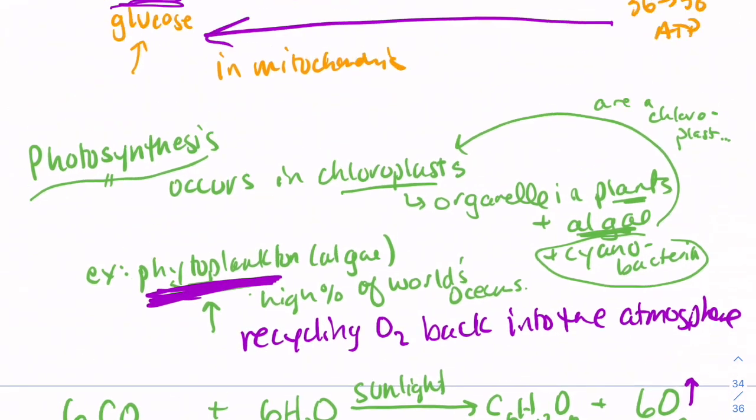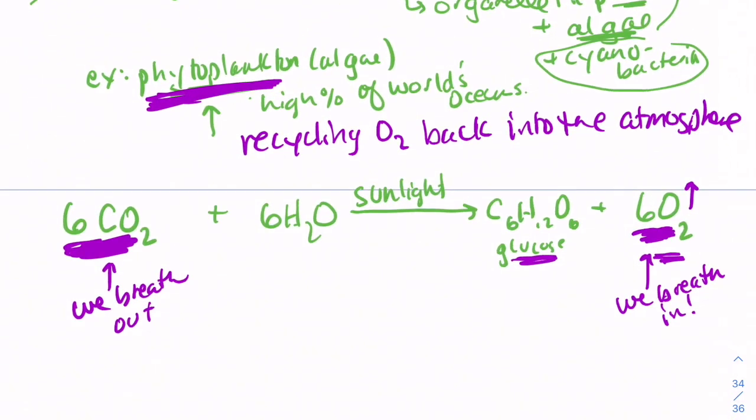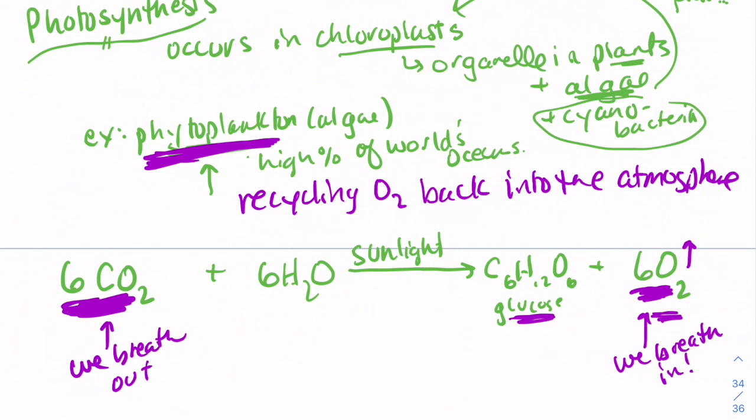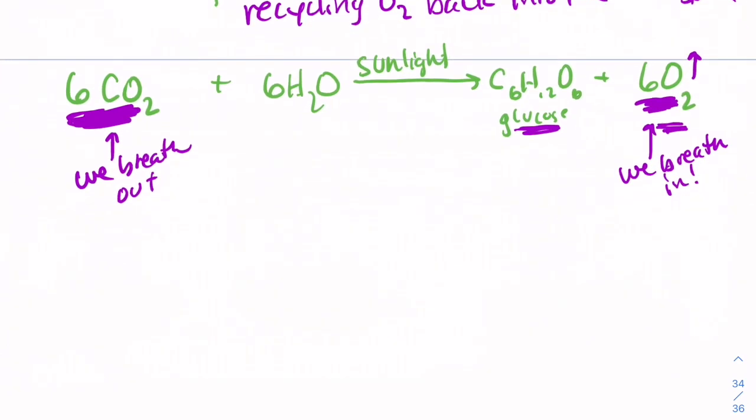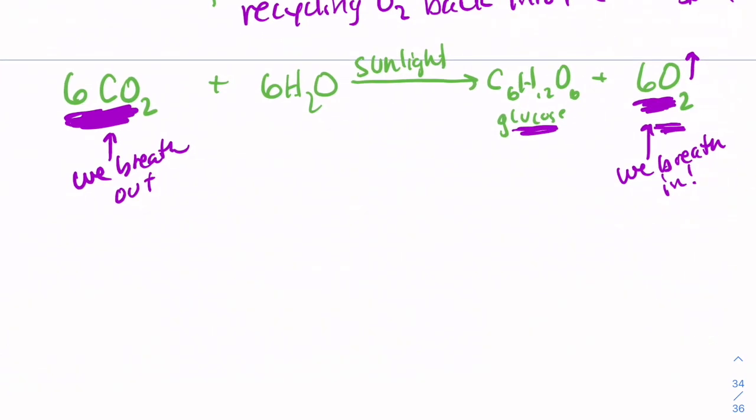There is no glycolysis and citric acid cycle in photosynthesis, but there are some stages. To accomplish photosynthesis, there are two main stages. Stages of photosynthesis.